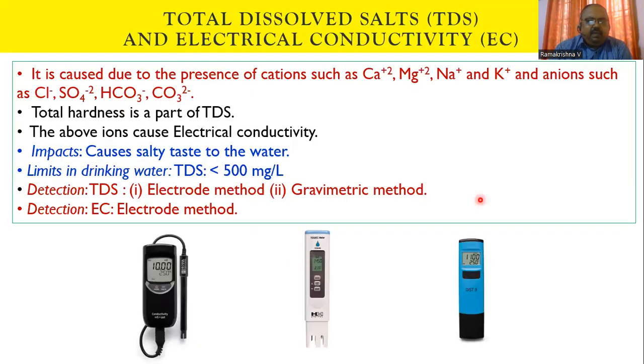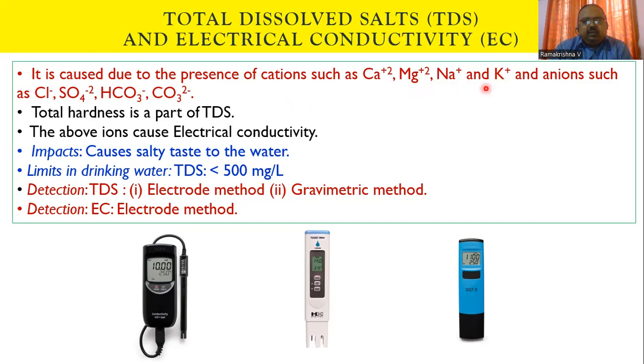Then we have one more important parameter, total dissolved salts, and electrical conductivity. Total dissolved salts means we have calcium, magnesium, bicarbonate, carbonate, sulfates, and chlorides in the hardness. Similar things are there even in the alkalinity. So here we have some more ions, sodium and potassium.